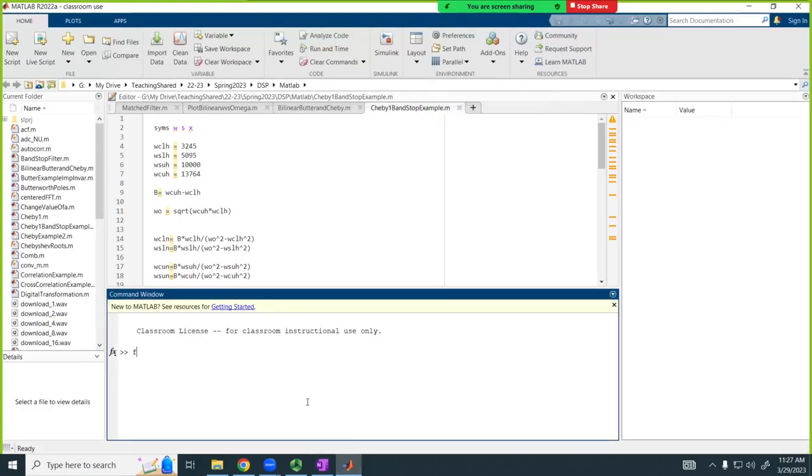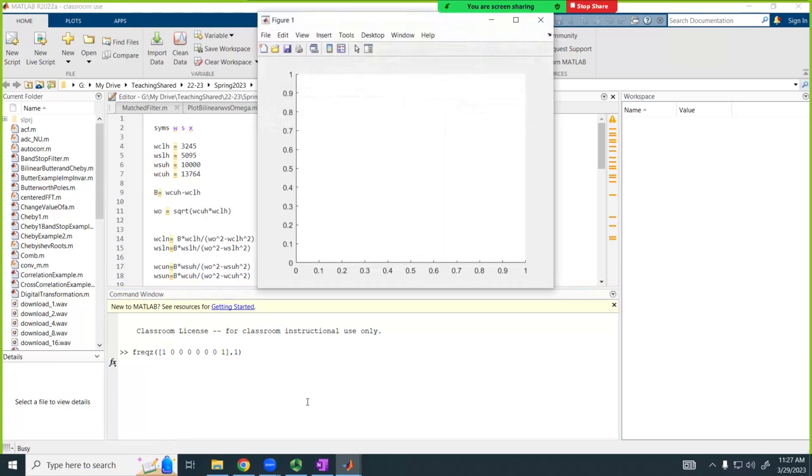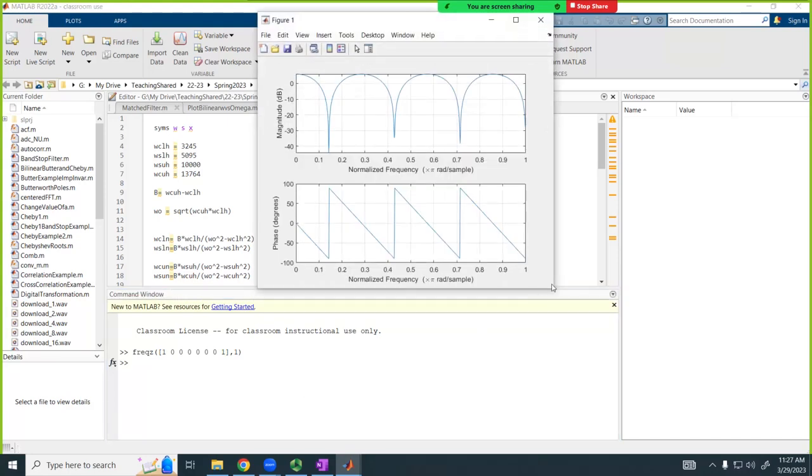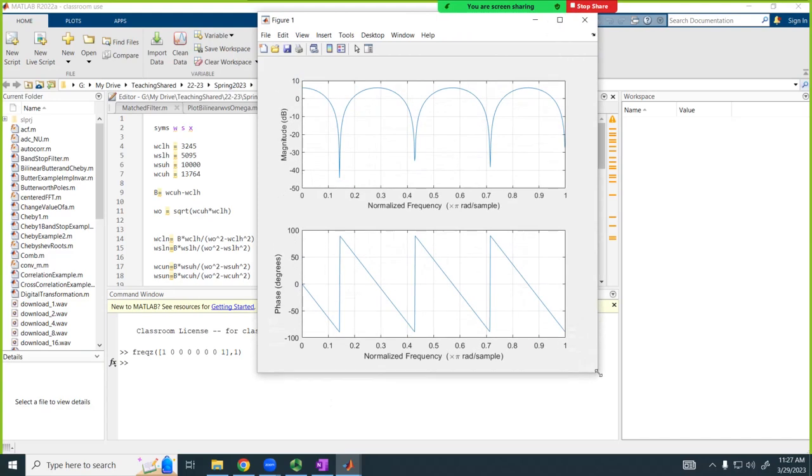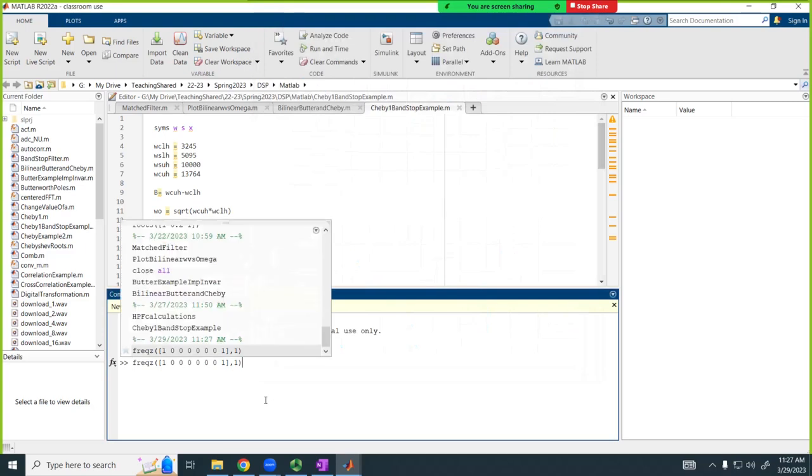Okay, so we can do a freqz. So this is what the frequency response of the filter would look like. And again, depending on the value of N that you use, I just put a random number of zeros.